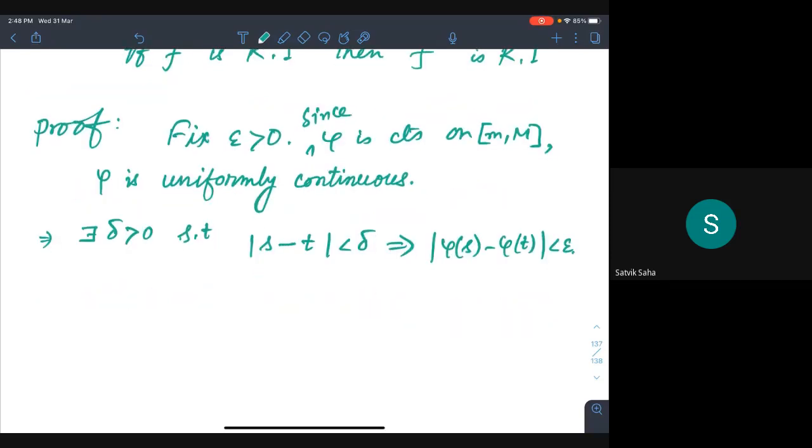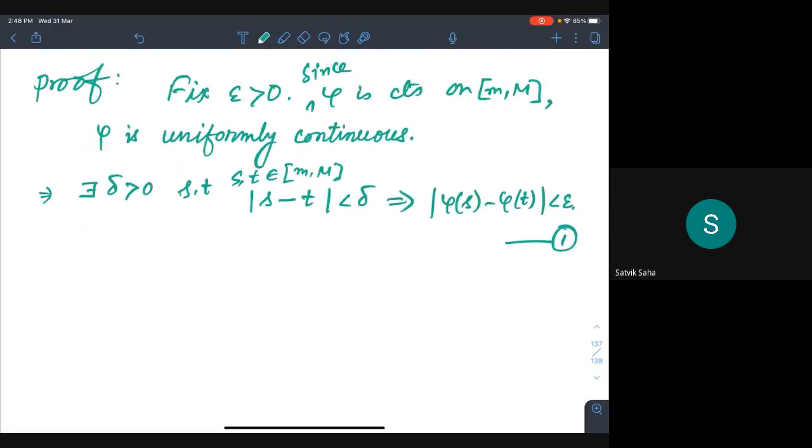Here s and t belong to the interval [m, M]. So this is from the uniform continuity of phi.